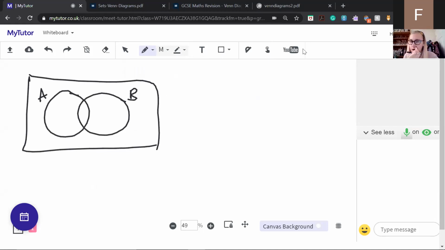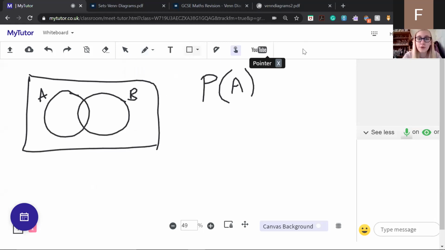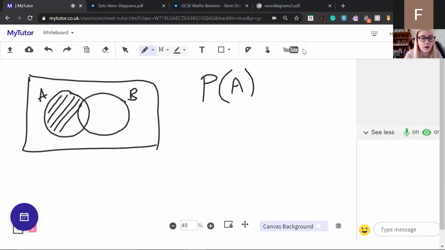This is our standard kind of diagram. Now the notation that we use is this. And what this means is probability of A. So we do P and then brackets, and then the stuff in the brackets is probability of that. So the probability of A is what's in here, right?